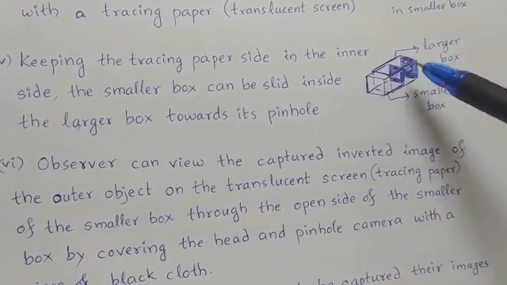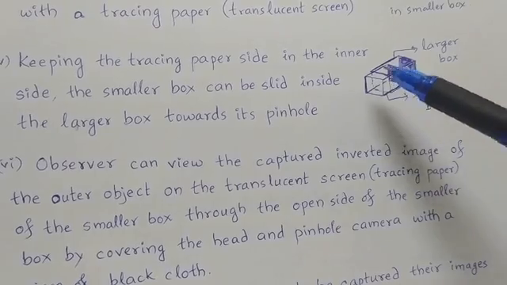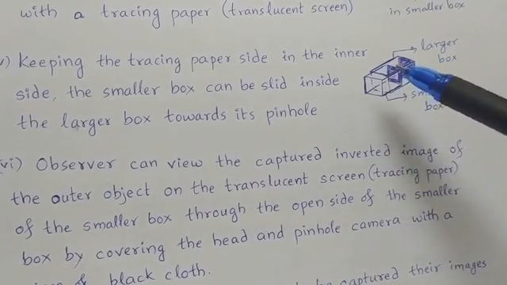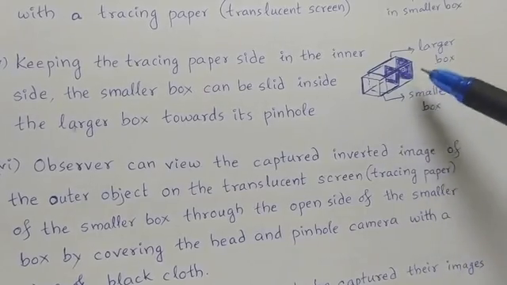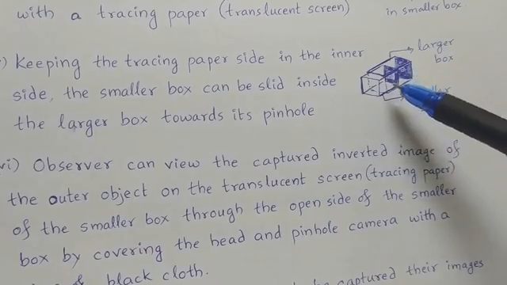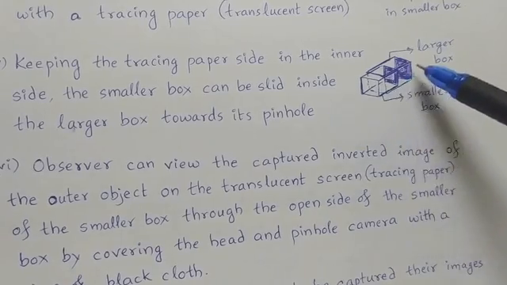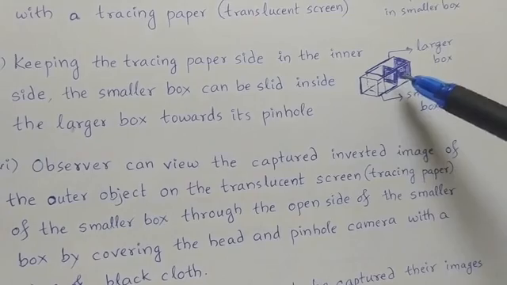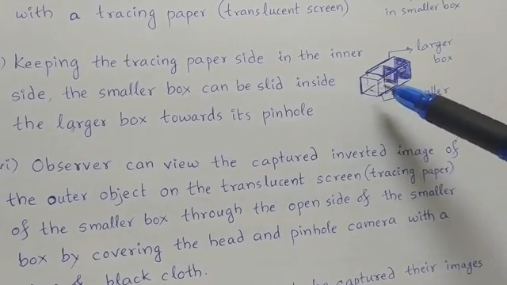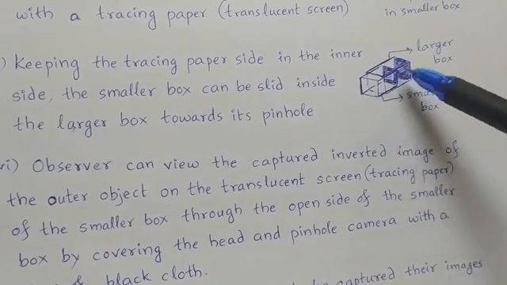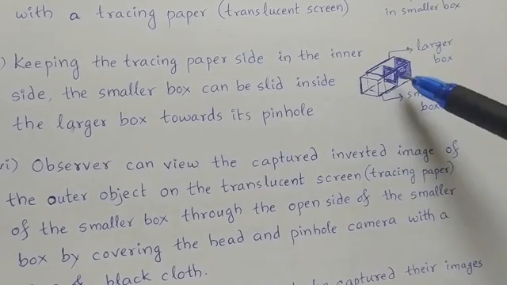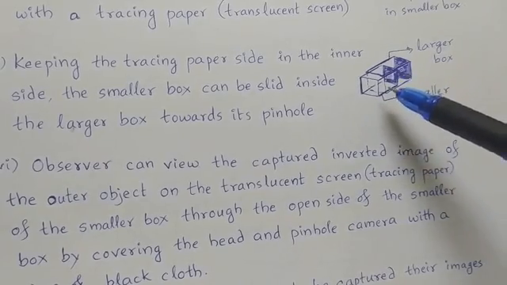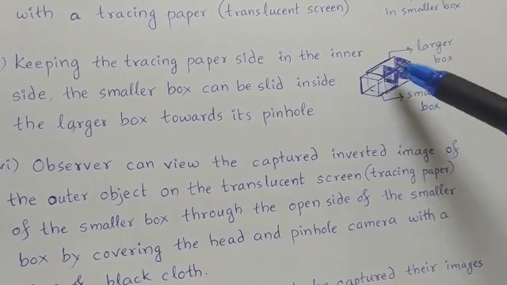The smaller box can be slid inside the larger box towards the pinhole of the larger box. So you must be able to slide this smaller box inside this larger box. In that, how are you keeping the smaller box?